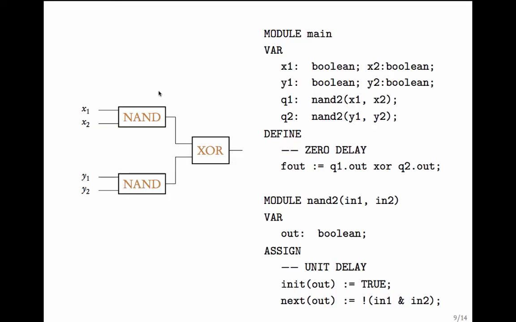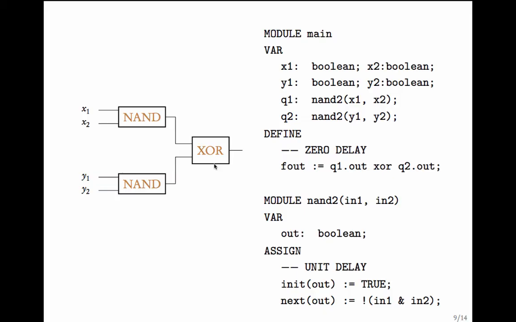For example, in this circuit, there are 2 NAND gates connected to an XOR. Here, we will reuse the module for NAND 2 times. We define 4 variables x1, x2, y1, y2, and we will define 2 variables q1 and q2 which are of the NAND2 type. q1 takes as input x1 and x2, q2 takes as input y1 and y2.